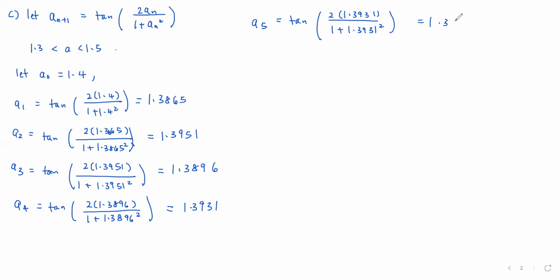This is 1.3909. So this to 2 decimal places is 1.39. This is also 1.39 to 2 decimal places. Since 3 of them are the same, we say that A is 1.39.